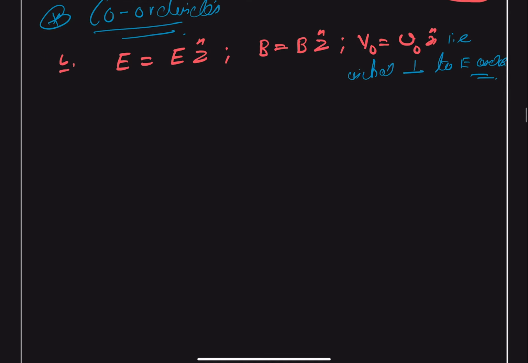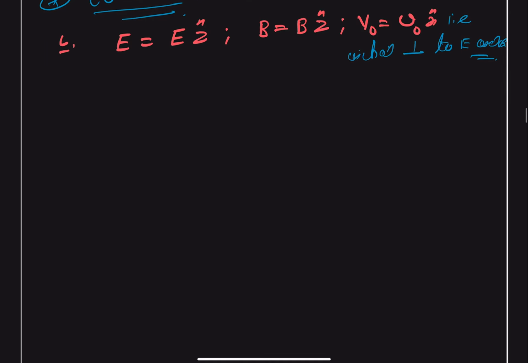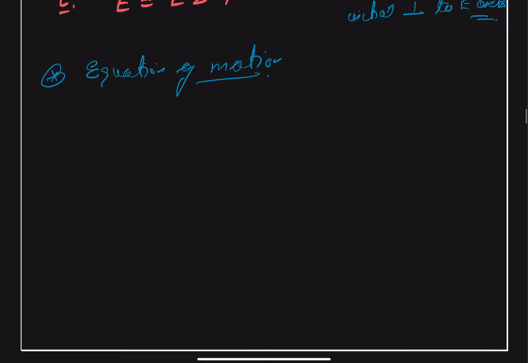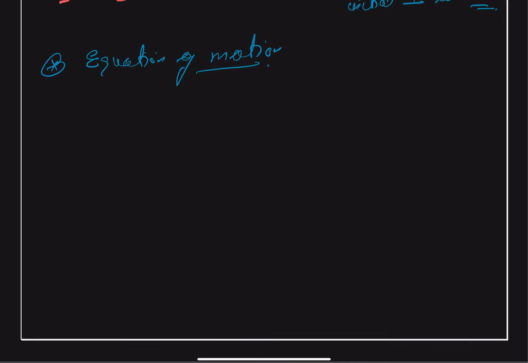Now we can easily write the equation of motion. We can say the Lorentz force on the particle will be the combination of both the electric force as well as the magnetic force.